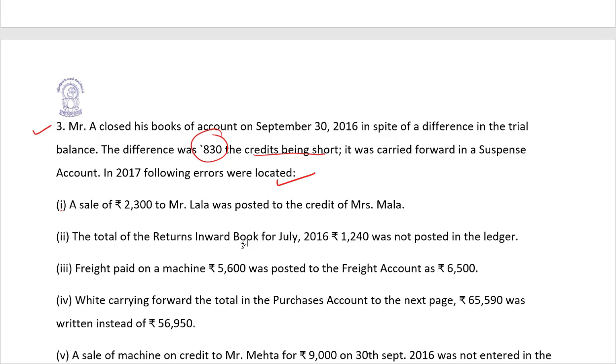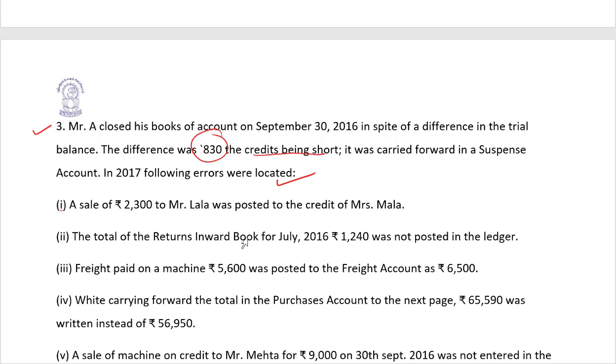Following errors were located. A sale of 2,300 to Mr. Lala was posted to the credit of Mrs. Mala. So instead of recording sales in the books of Mrs. Mala, we have recorded the sales in the books of Mr. Lala. So we need to rectify that.